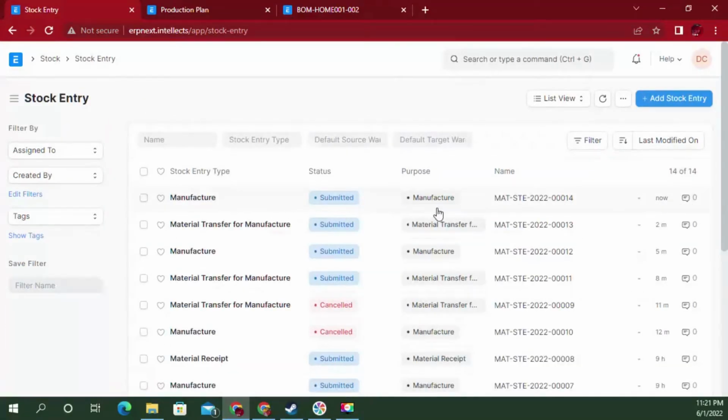You see here, manufacture. Okay, so if we realize at this moment that the product is leftover, what you can do is just cancel, just like I tried before, you know.